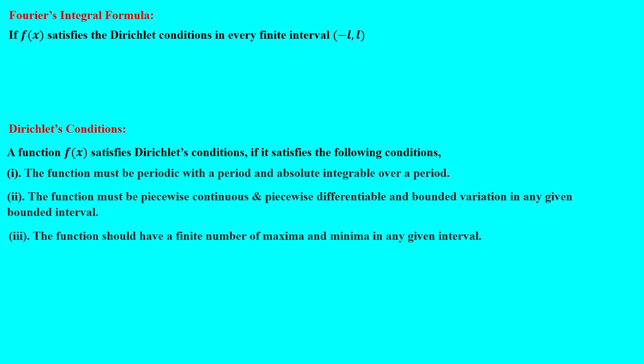Third one, the function should have a finite number of maxima and minima in any given interval. So if a function satisfies all three conditions, then the function satisfies the Dirichlet's conditions. Everything was explained in the Mellin transform, part 1, I think.